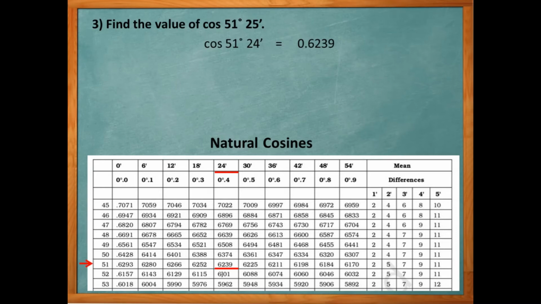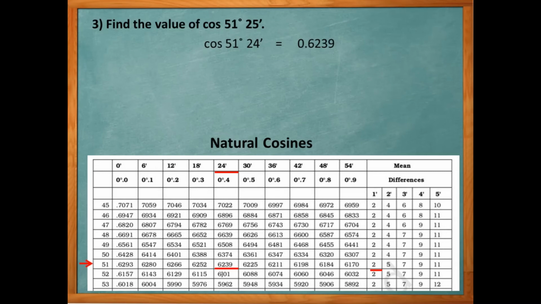0.6239. But what we need to know is the value of cosine 51 degrees and 25 minutes. So how many minutes are we going to add for 24 minutes to make it 25? 1 minute. So we will find the mean difference of 1 minute along the row of 51 degrees. And that is 2. And actually, 2 is 0.0002.